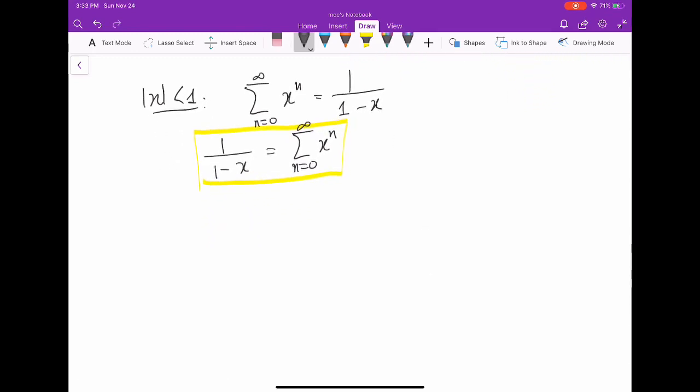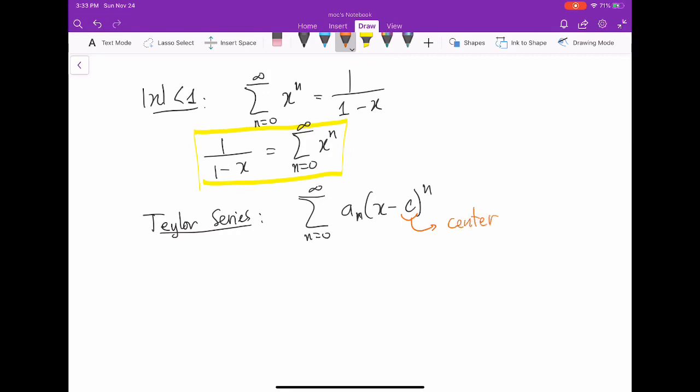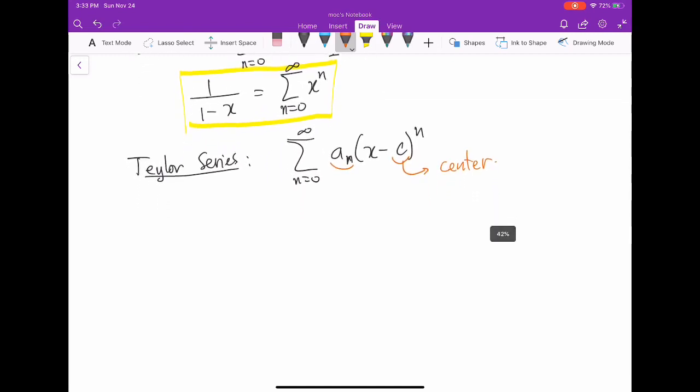Okay, let me remind you about the general formula of the power series. We learned the Taylor series. That is the sum of a_n times (x minus c) to the n from 0 to infinity, where c is the center of the series and a_n is the coefficient.